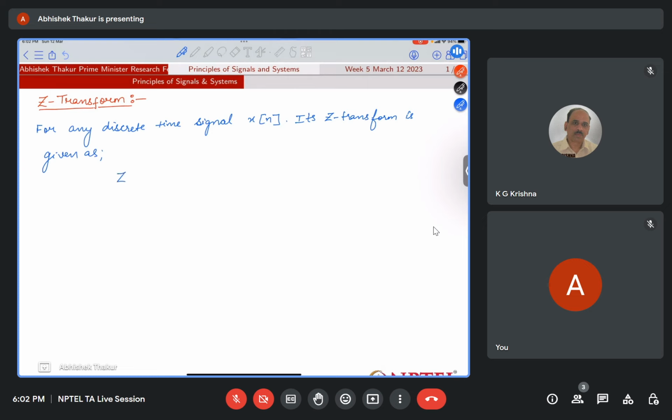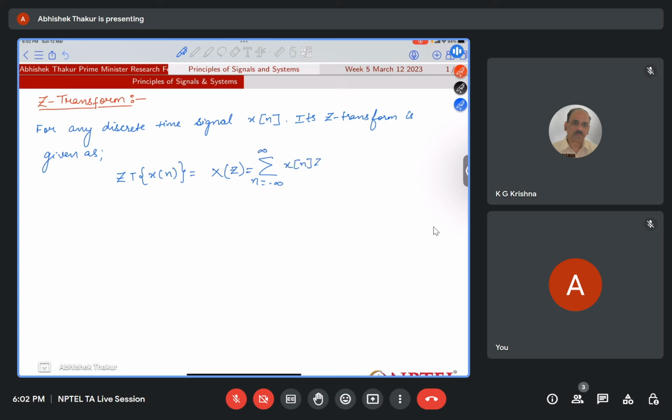So the Z transform of x[n] will be written as X(z), which is equal to a summation, because in the discrete domain, instead of integration we use summation. So summation n equals minus infinity to infinity of x[n] times z to the power minus n. We have to do this summation, and after that we'll get the Z transform of the discrete time signal.